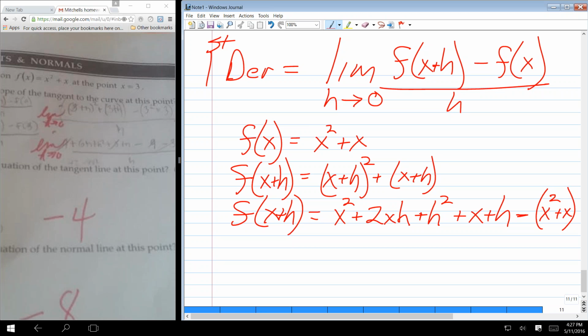But all of your variables are going to go away. In other words, notice that that x squared disappears with that x squared, and that negative x cancels with that positive x. Now, factor everything out of the numerator.